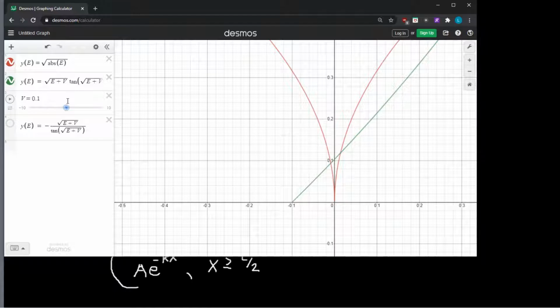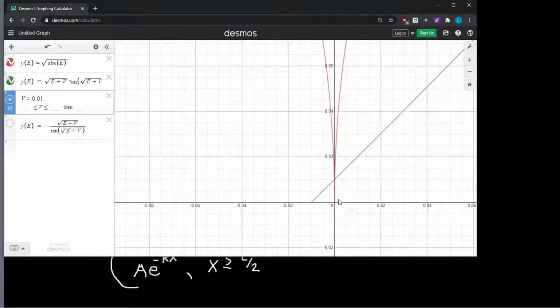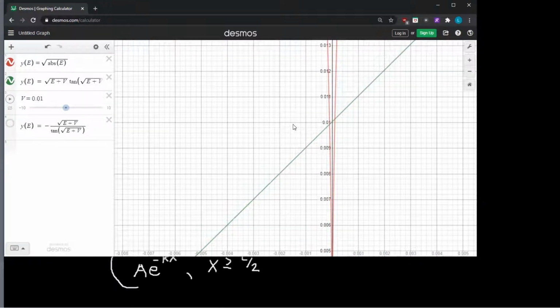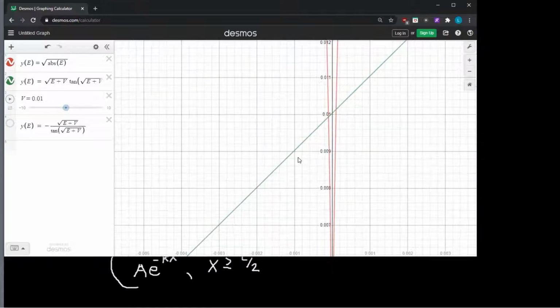So there's always a solution, even if I make it 0.01. The point is, no matter how shallow my well is, there is always one bound state, which is kind of interesting. You would think that if there's barely any dip in the potential, how can that well contain anything? But apparently, no matter how little you make V, there is always one bound state.